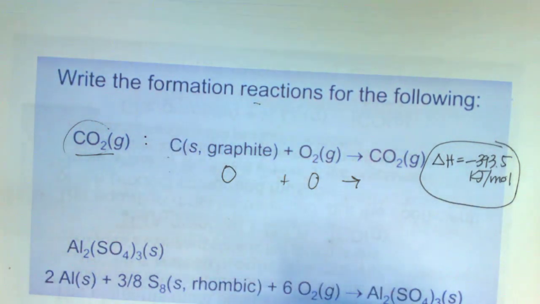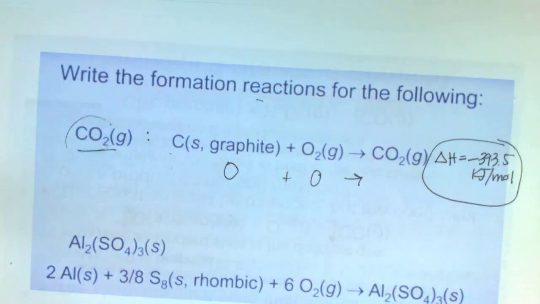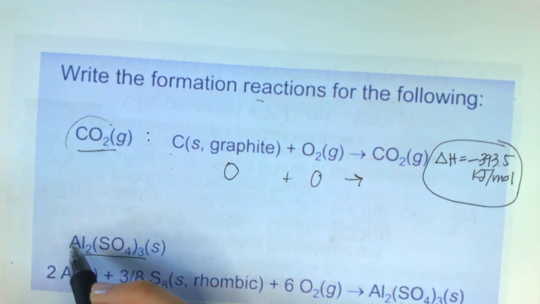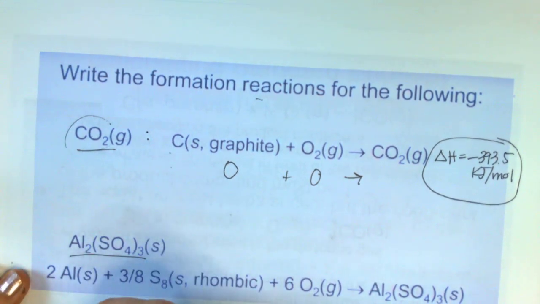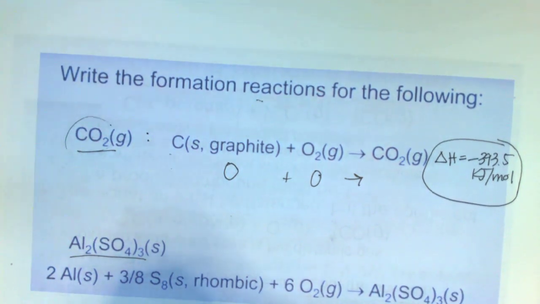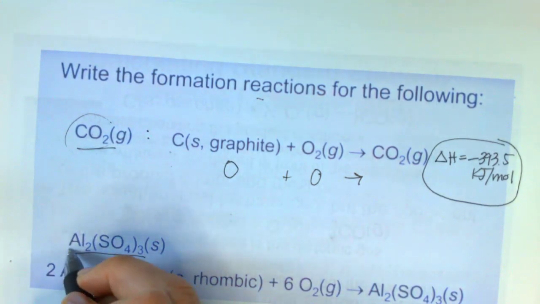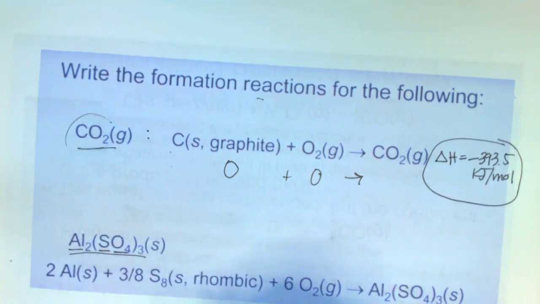Another example we can look at is aluminum sulfate. So again, we need to look up what elements make up aluminum sulfate. So we need to go, okay, aluminum, and aluminum is found in its natural state as just Al, aluminum. We need to look up sulfur, and we need to look up oxygen.